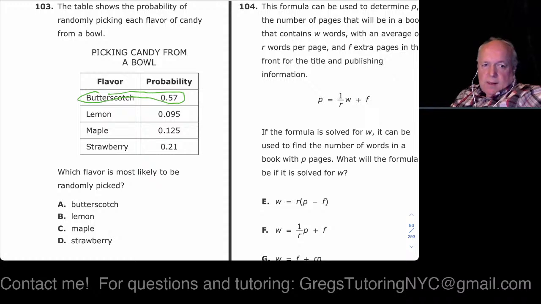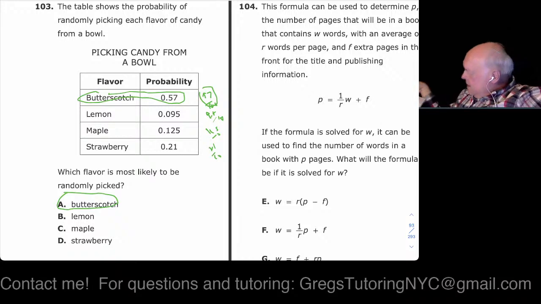And if you will, because these are decimals and they're based on percents, this is 57 out of 100, okay? This is 9.5 out of 100. This is 12.5 out of 100, right? So this is 21%. So obviously the highest percent is the 57. So that's what we want to look at. So 103 should be A.